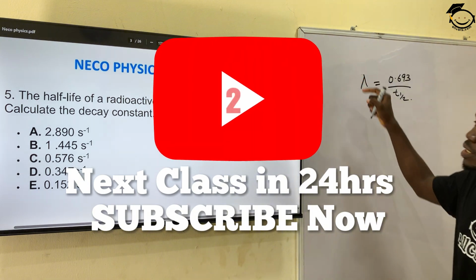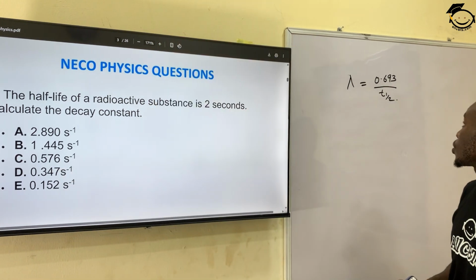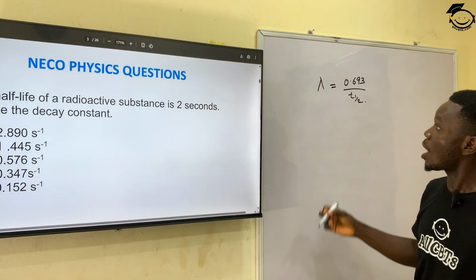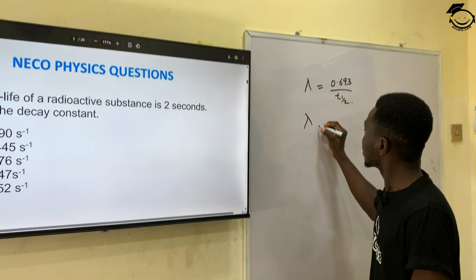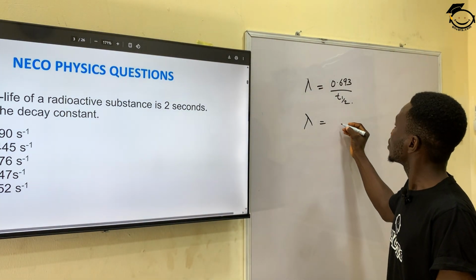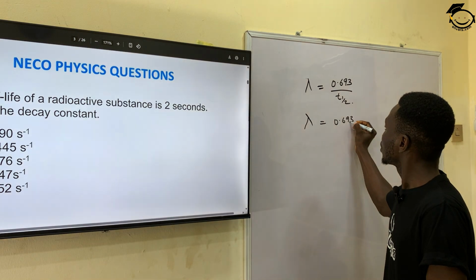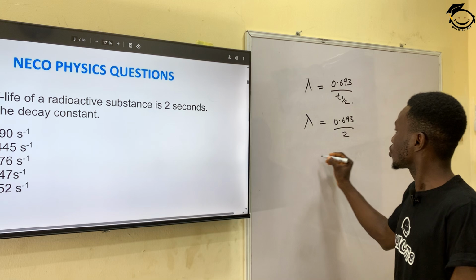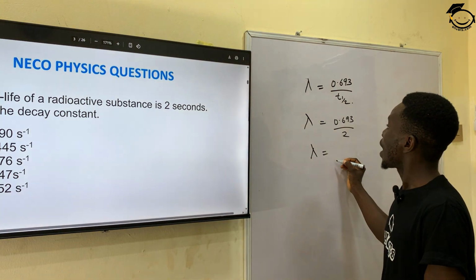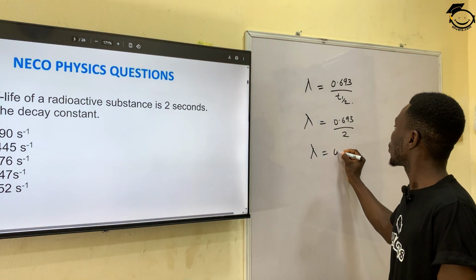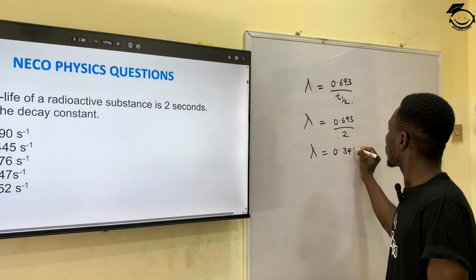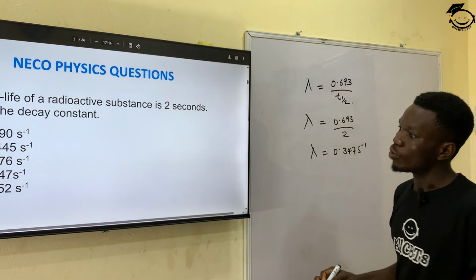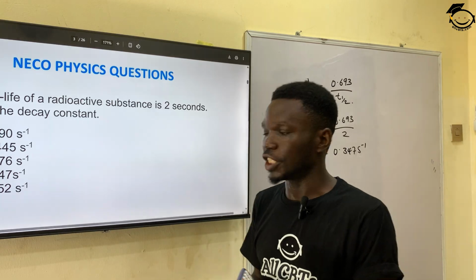That means my decay constant, therefore, is 0.693 divided by 2, because my half-life in this question is 2 seconds. Automatically, this means that my decay constant is 0.347 per second, and that is option D.